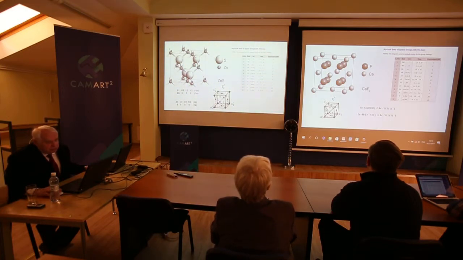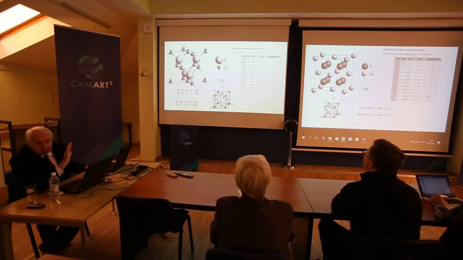So if it is understandable, who can tell me how many parameters one has to give for the fluorite structure and for the sphalerite structure? How many parameters? For the crystalline structure. Andrei, one.